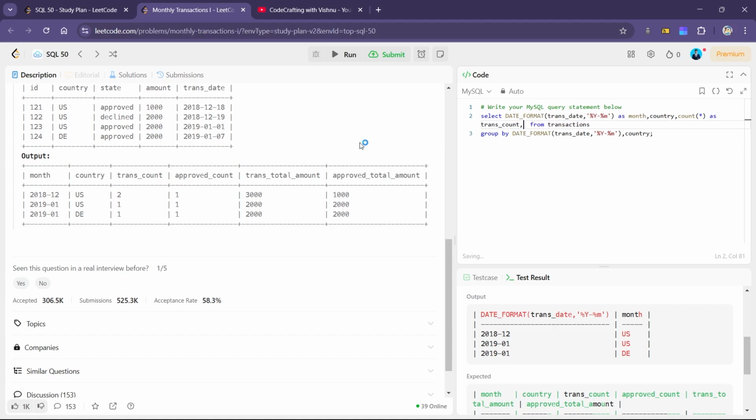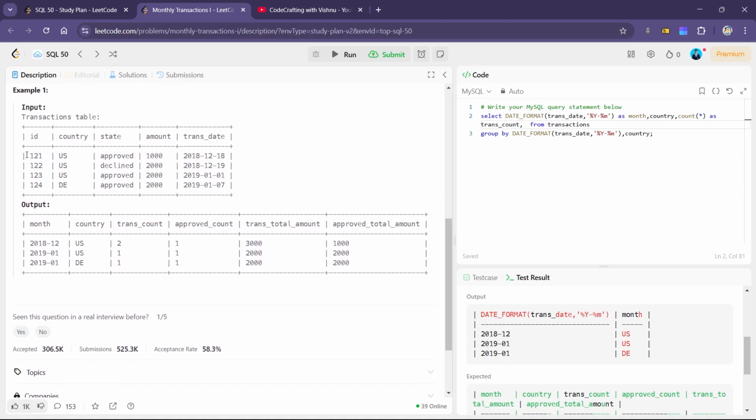Then the third is approved. So you see in the first group we have these two entries. And we have to find the total amount where the status, that is state, is approved. So what we have to do is sum only those amounts where the state is approved. So we have to use a switch case in the SQL.